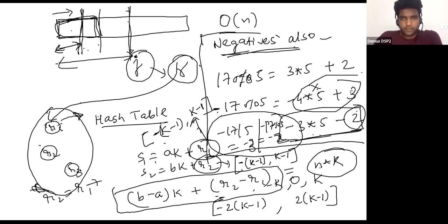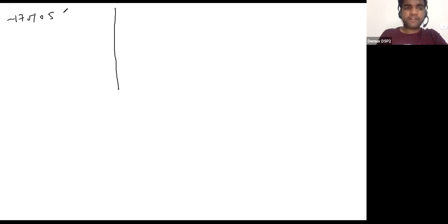I will just tell you what we have done. For negative numbers, there are two ways you can think about the remainder when you divide it by k. That's what I was telling you, when you divide minus 17 by 5, it can give you -2 also, it can give you 3 also.